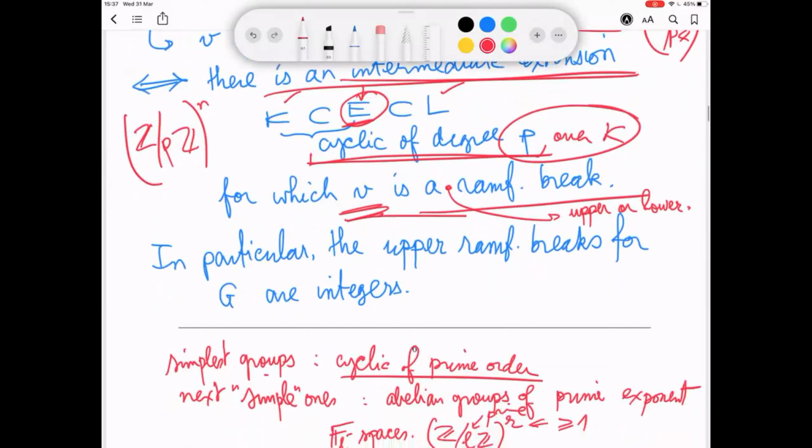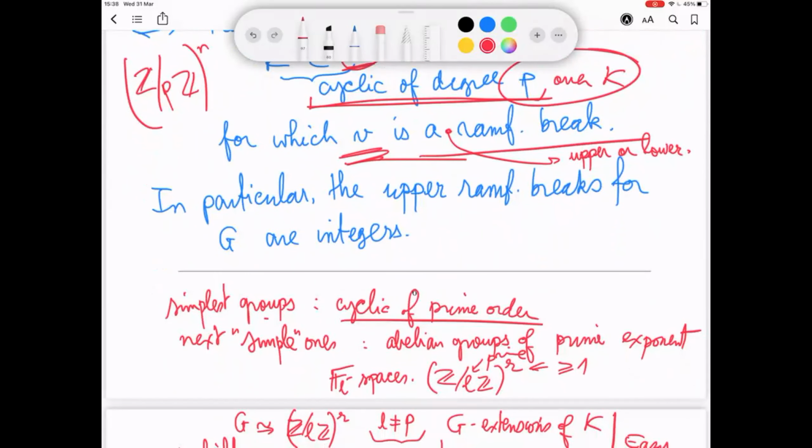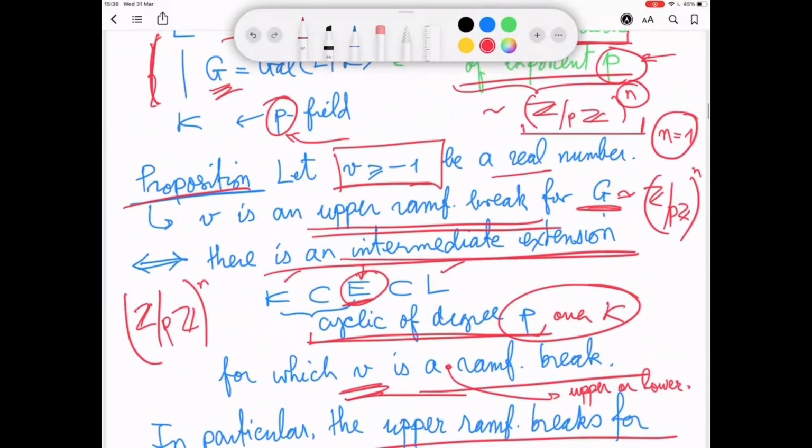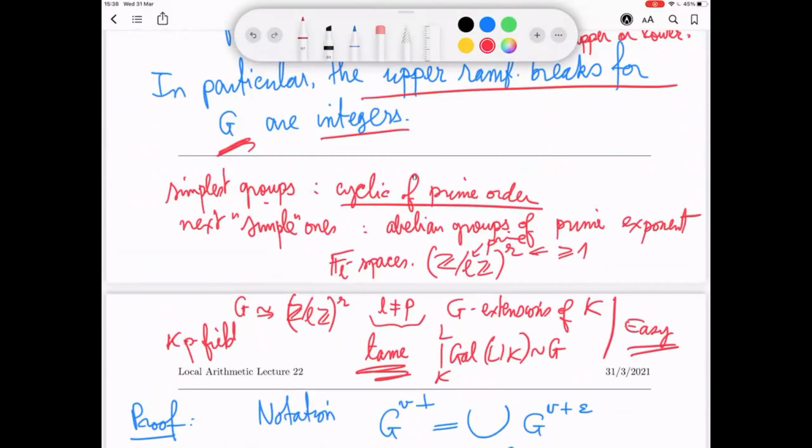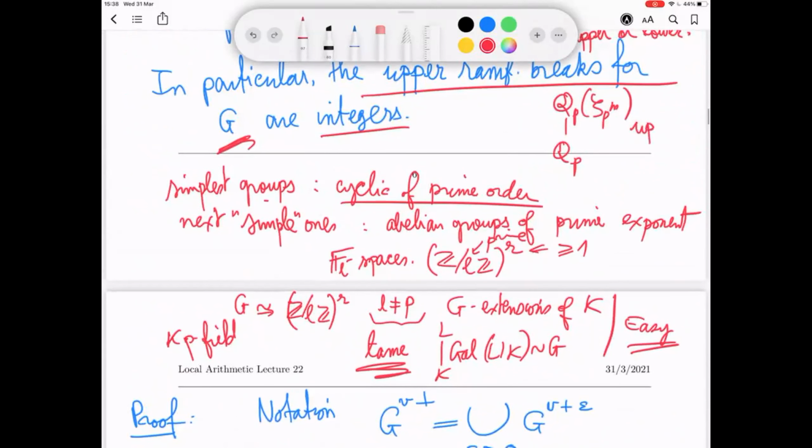So as a corollary, the upper ramification breaks of G are integers in this case, when G is isomorphic to this group. We have seen one more example where the upper ramification breaks are integers: Q_p adjoin a primitive p^m-th root of unity, whose upper ramification jumps are integers.